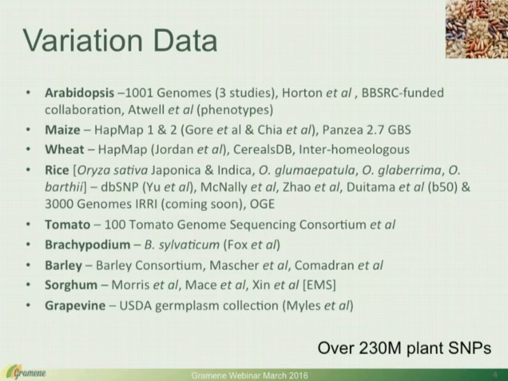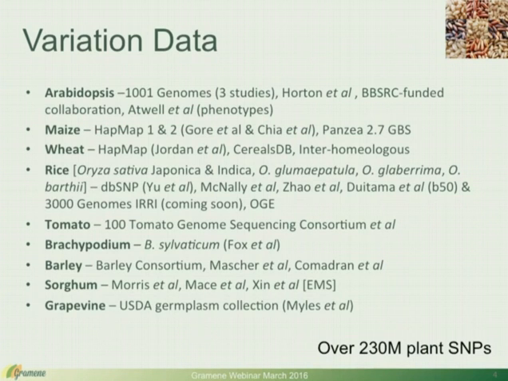So here is just a summary table of the 12 species that we have data for. It only includes the name, a key for the study or the project that is producing this data.